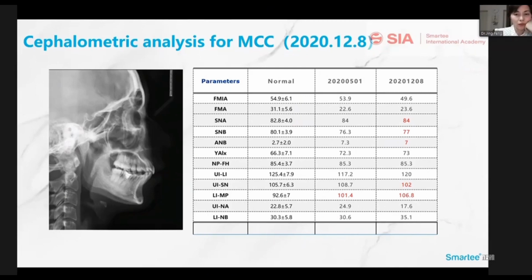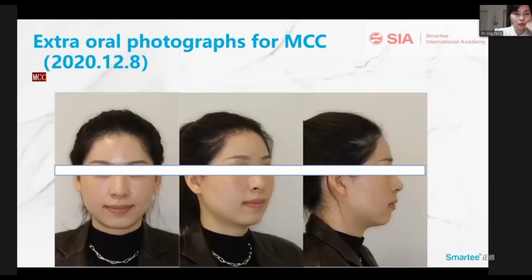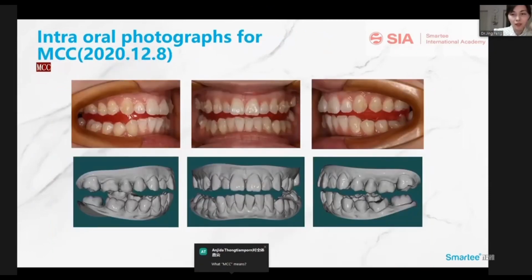How? We ordered MCC, and we took the records again, and still moved the lower jaw forward as the same. And this is the intraoral photograph.